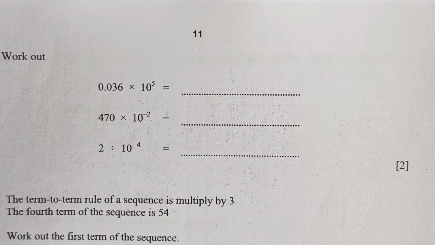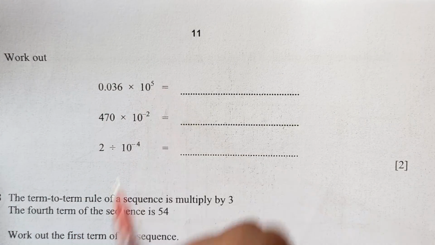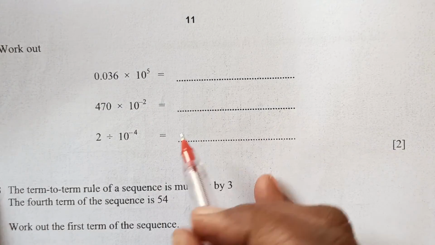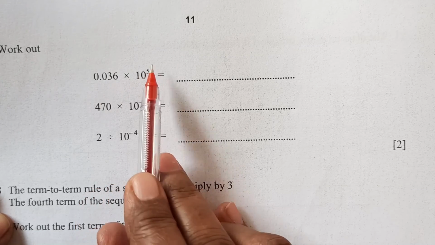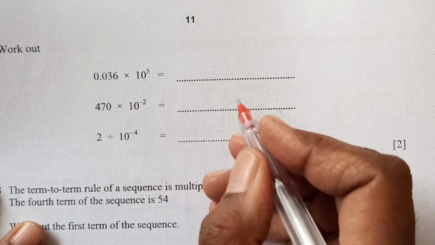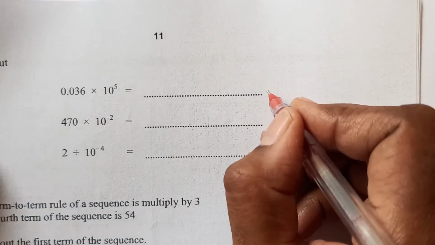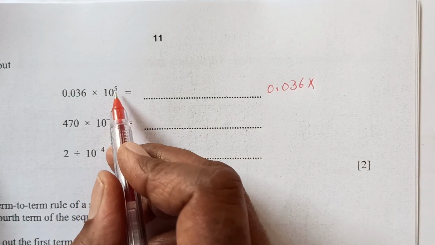Here we got another question. Work out 0.036 times 10 raised to power 5. You must understand the concept behind this. You need not take 36 and keep multiplying it. So we have 0.036 times 10 raised to power 5.